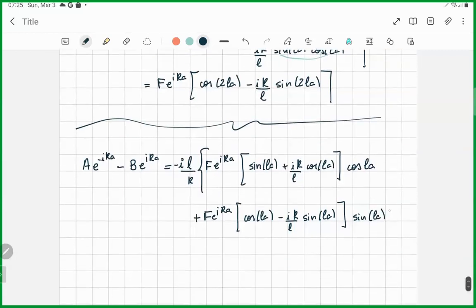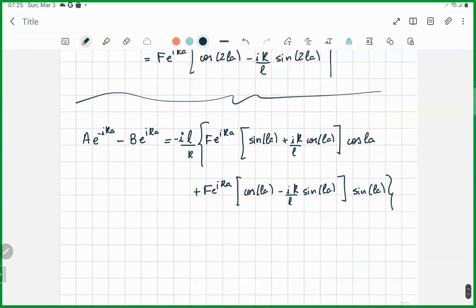Great. All right. Well, now again, let's try to simplify these things, okay? Just as we did above. So minus iL over k F exponential of ikA. Now let's open the whole thing. Inside we have sine and cosine.